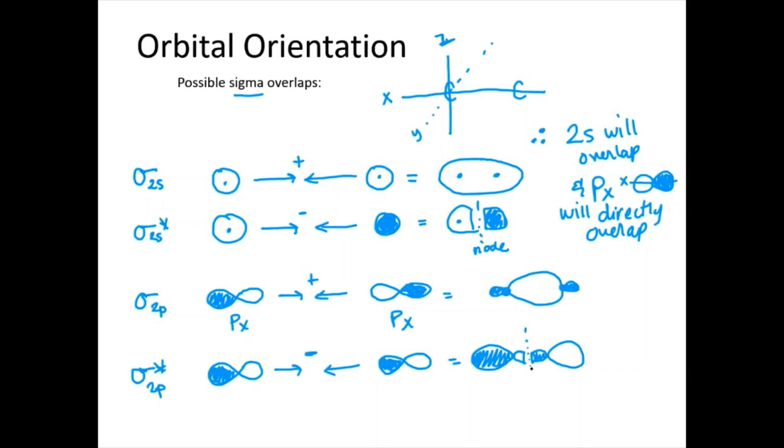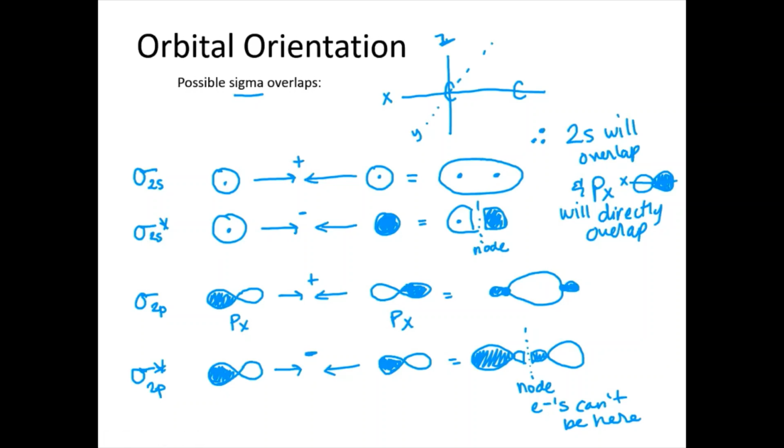And so right here, electron density can't exist, and so we get a node. So a node is where electrons can't exist. Okay, so there's my sigma orbitals, my possible sigma overlap.